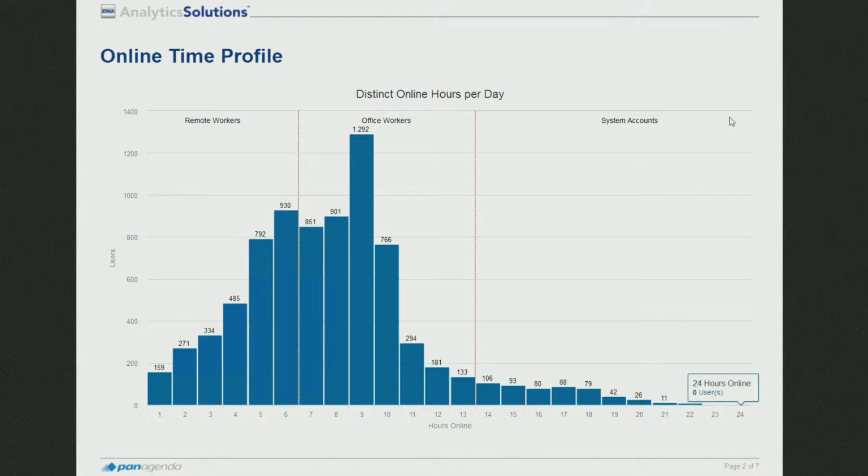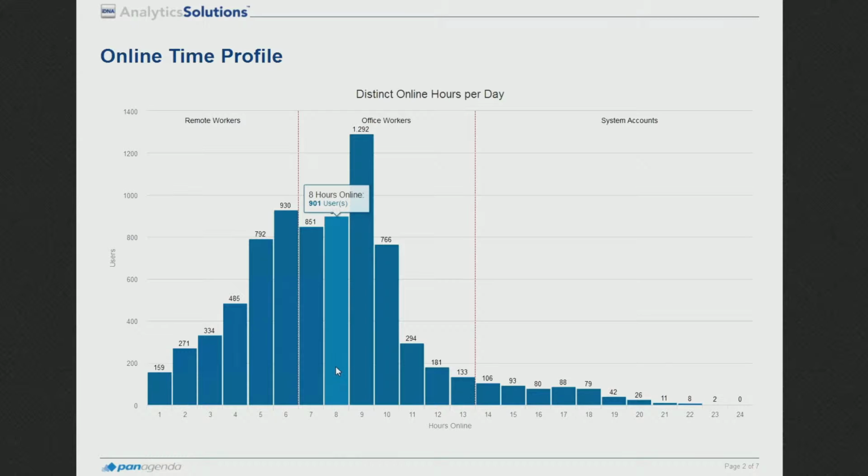In this report, you see not the hours of the day from 0 to 24. Let's explain it with an example. In the 8-hour column, 901 users had accessed the server backend 8 hours a day.